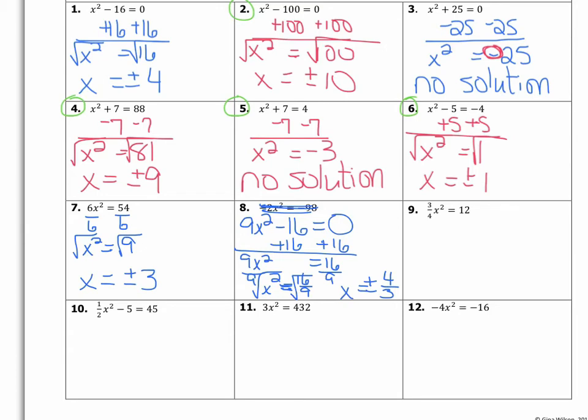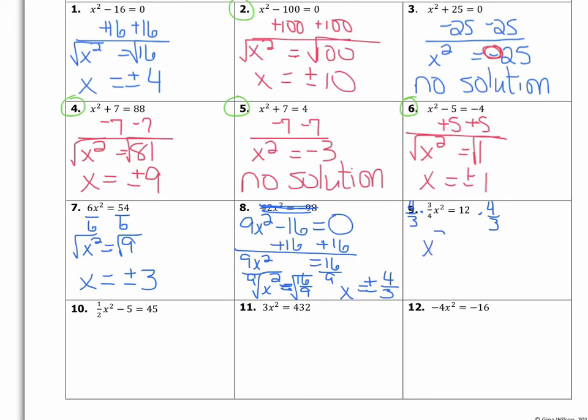All right? Now, number 9, let's look at 3/4 x squared equals 12. Let's see what you remember. Do you remember how to get rid of that fraction in front of the variable? We're going to flip and multiply. So we're going to multiply both sides by 4/3. Fraction in front of a variable, multiply both sides by the reciprocal.